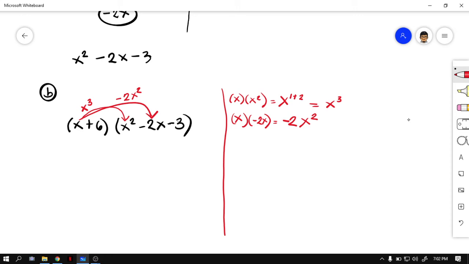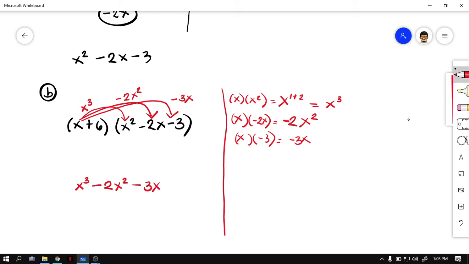Okay? Next, we have x times negative 3. X is a variable. Negative 3 is a constant. So, copy. Make sure na yung constant mauna muna because it will become your numerical coefficient. So, negative 3x. Okay? Sulat natin sila dito sa baba. We have x cubed minus 2x squared minus 3x.